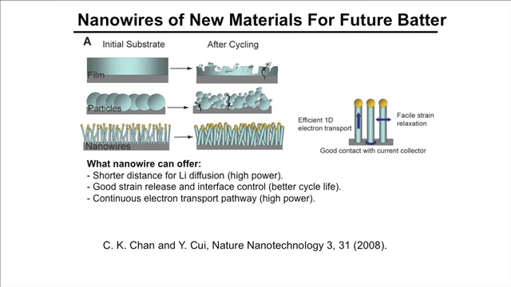So when we looked at this problem several years ago, my group came up with an idea. Compared to the existing technology using the film, the big particle, to make a lithium-ion battery electrode onto a metallic current collector, instead, we grow nanowires of silicon out of this current collector. Under this structure, you can shoot the electrons in, take the electrons out. You can put the lithium ions in, take the lithium ions out.